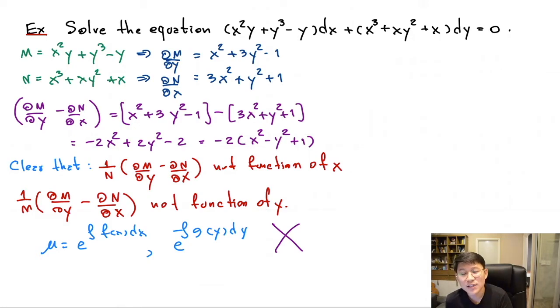First, you need to look at some other approaches, other methods that we have learned: homogeneous, separable, and all other things, and the equations that we are going to be learning in the next sections as well. So look at those approaches first.